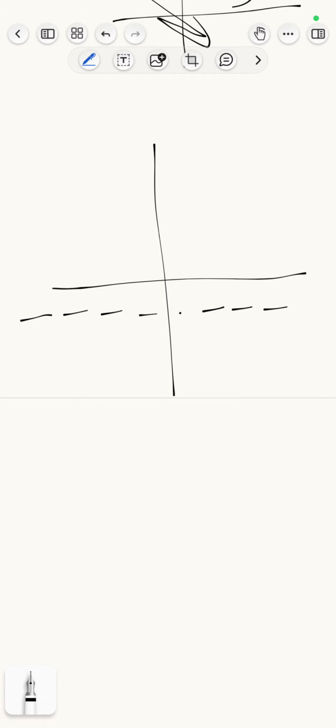So instead of my asymptote being on my x-axis, my asymptote now is at y is equal to minus 1. We mentioned that the graph is going to be on top, and it's going to increase because b is bigger than 1.